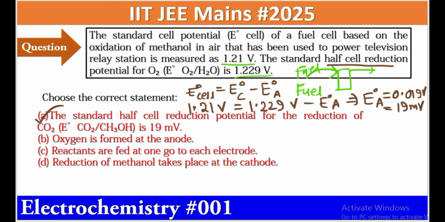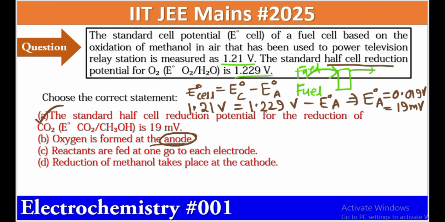Statement A is correct. The standard half cell reduction potential for the reduction of CO2 is 19 millivolt. In this particular fuel cell, we are supplying methanol as fuel and as byproduct we are getting CO2. Now check statement B. Oxygen is formed at the anode, which is not correct.